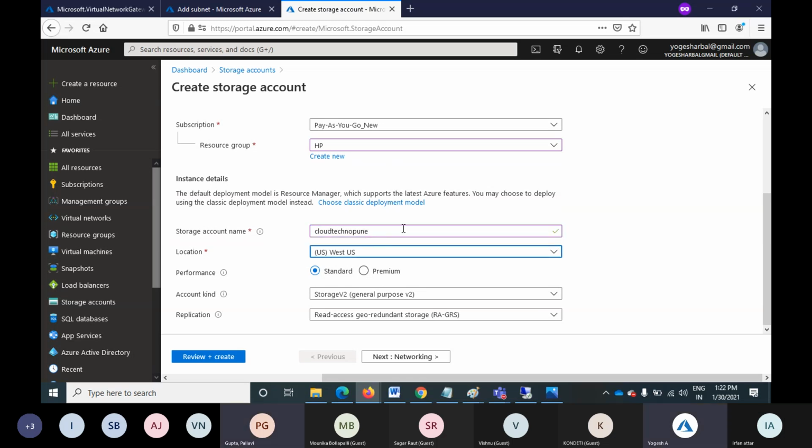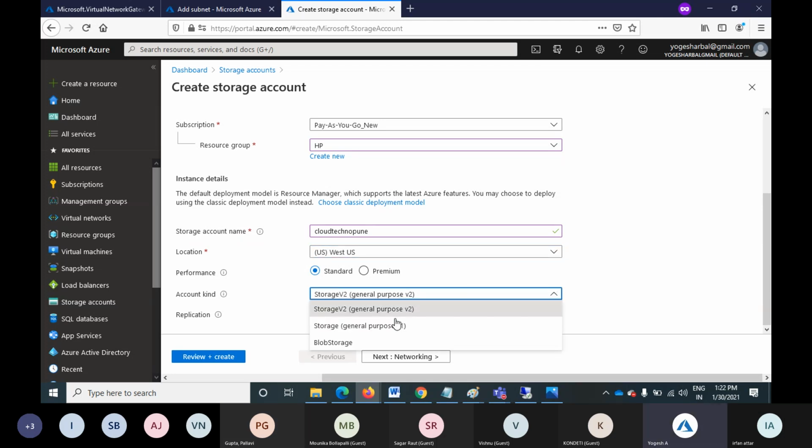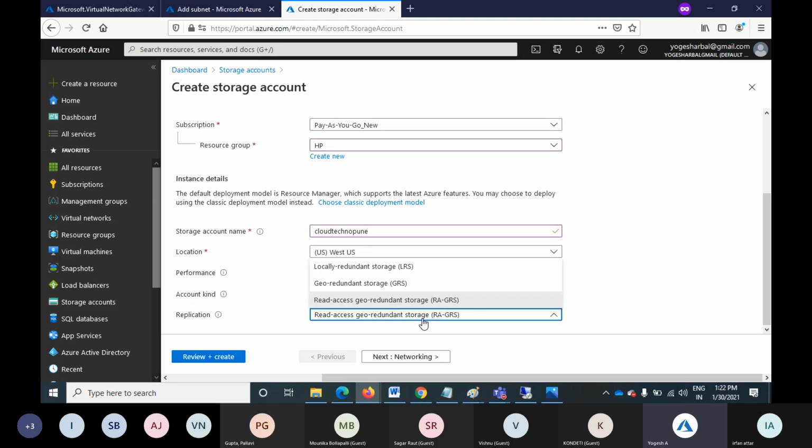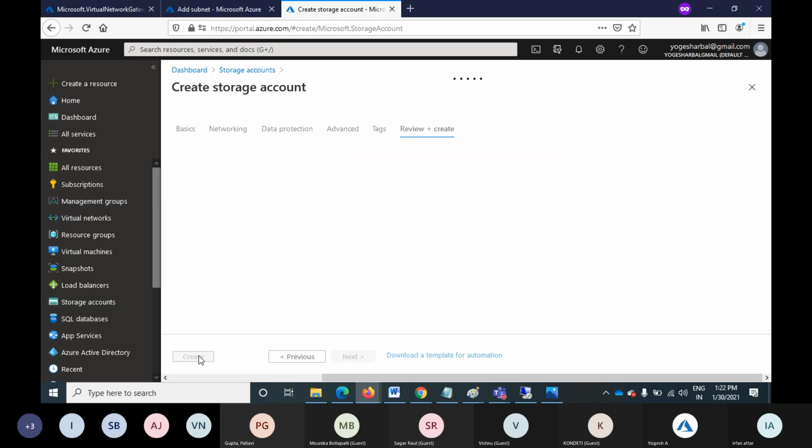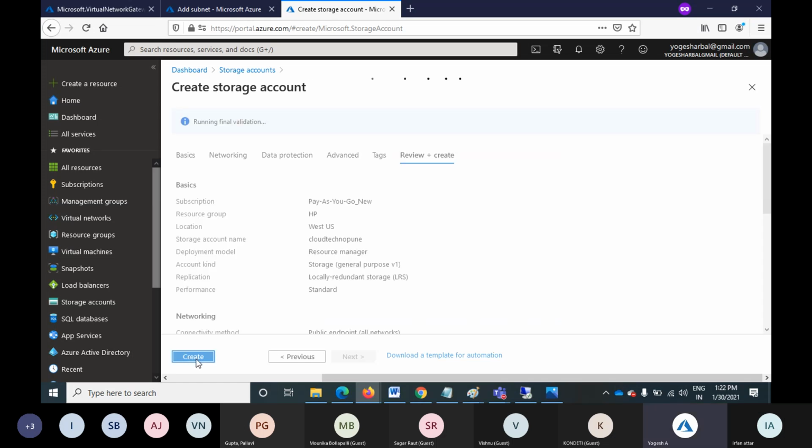The storage account name should be unique every time. And I'm going to have a version 1. What is RA-GRS, what is LRS? We'll discuss later with our scenario. Let's create it.